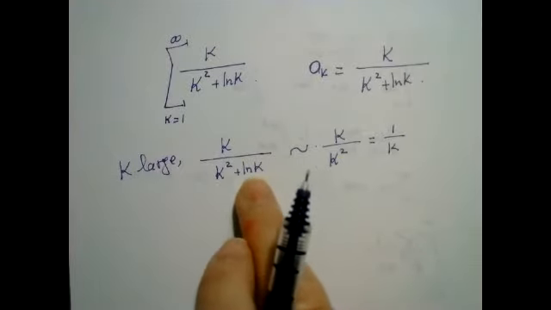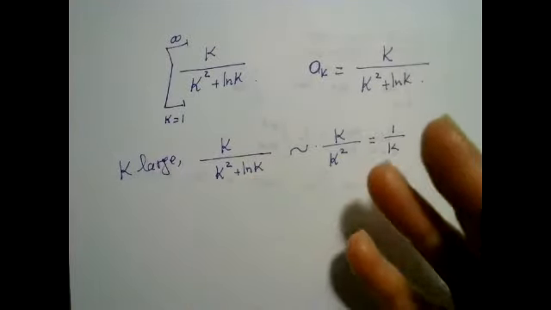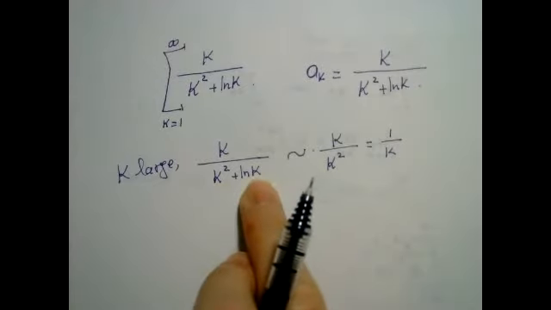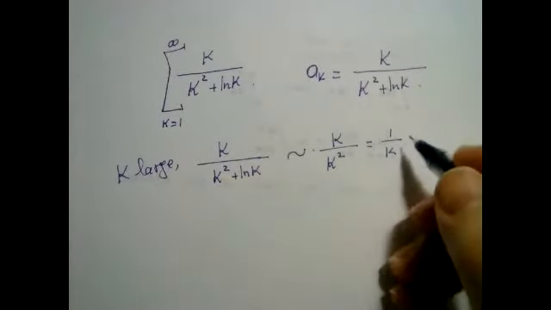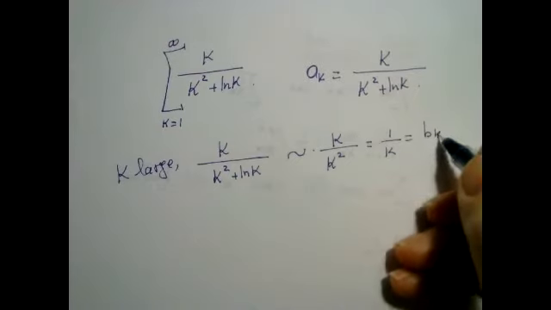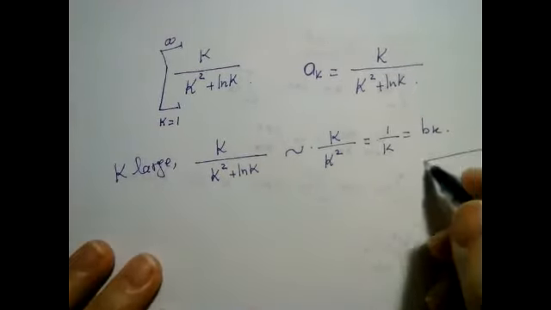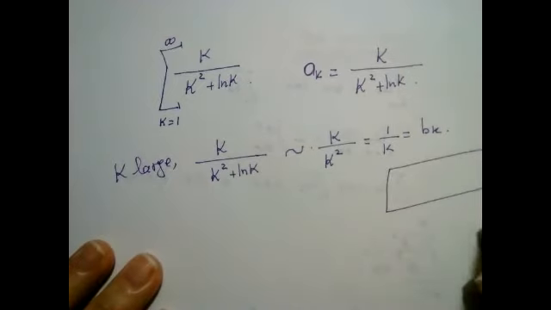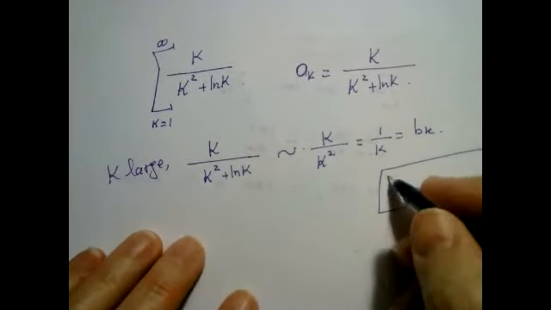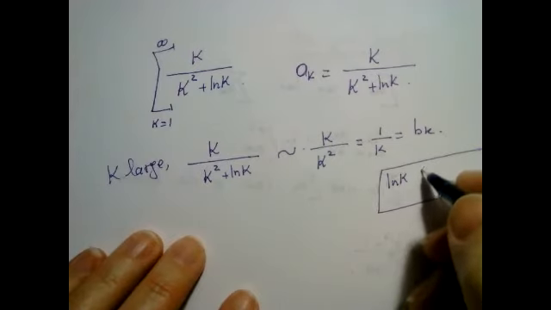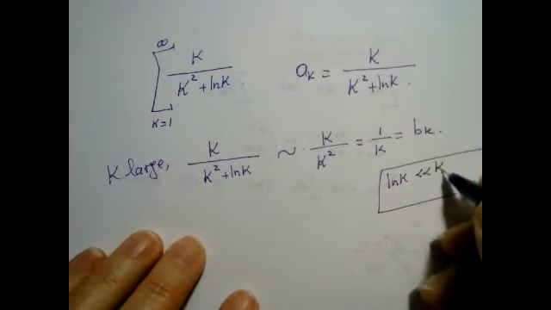If you take k equal to 10, ln of 10 is very small, while this is 100. This one will take over. So this will be the series that I would like to compare it with. In general, it's something we should really know that ln of k is much smaller than k.